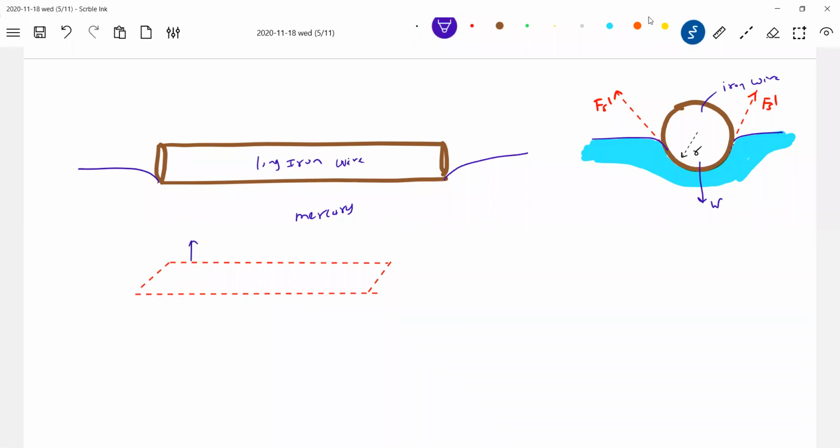The force due to surface tension will act at all points. So this is the length L and this is the diameter. Then who will balance the weight?